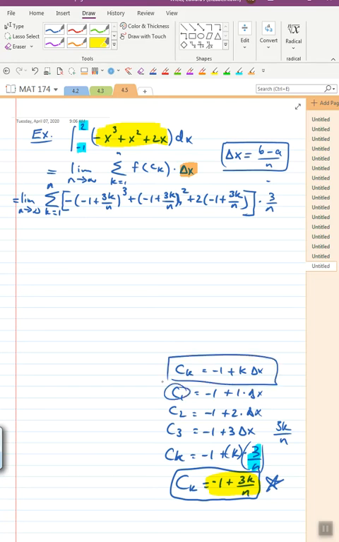So here's what c1 looks like, c2, c3. When I run through this sum, k is going from 1 to n, which means I'm adding up f of c1 plus f of c2 plus f of c3 all the way up through f of cn. All of those are multiplied by 3 over n, and that's adding up the areas of those rectangles, which is what this is. It's an area under a curve.